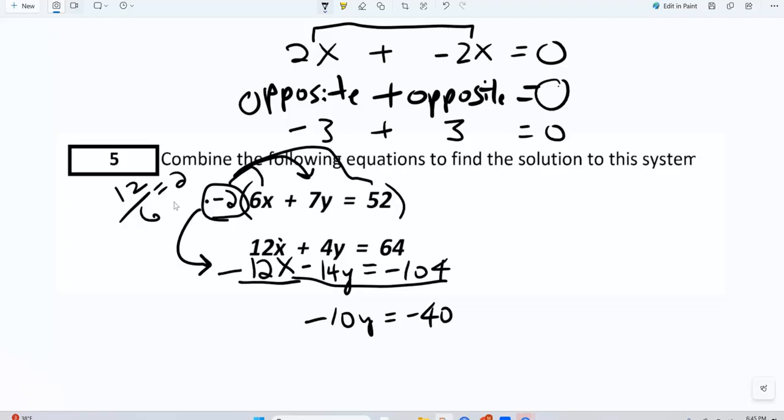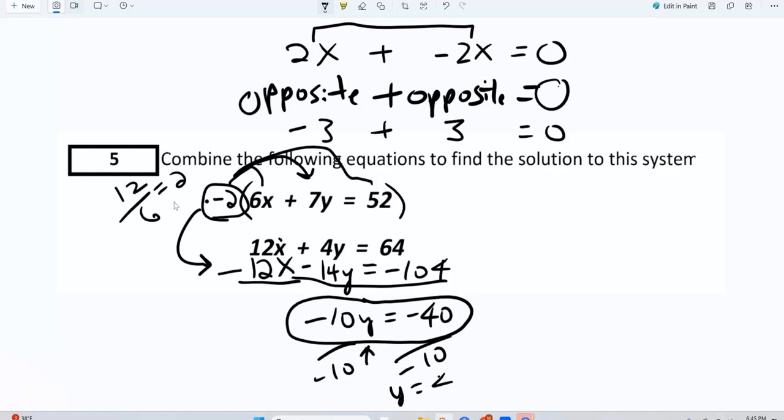And then we created a third equation, a new equation, but it only has one variable, the y. So we can solve an equation with one variable. And remember, when we figure out the value of y, we would divide by negative 10, right? This is a problem like yesterday. We would get y equals 4, right? Then we take that y, we come up with this equation, we put it there, and then we can solve for x. You did that yesterday, you should have the answer.